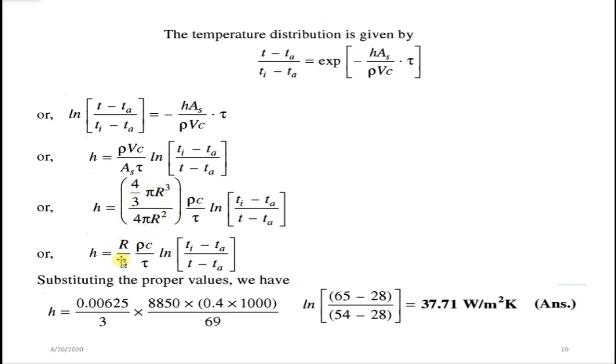We already know this value; Lc for the different geometric shapes we have already discussed. The remaining terms you write as they are, substitute all values except h, and get the solution for h. Finally, if you substitute all the values in this equation, you will get 37.71 watt per meter square Kelvin.